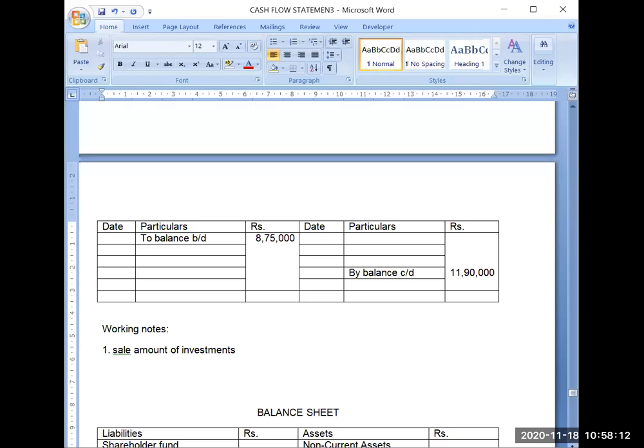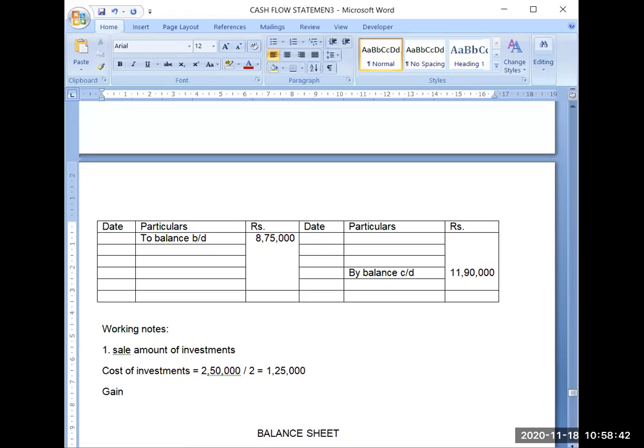So gain, or you can write cost of investments is equal to 2,50,000 divided by 2, is equal to 1,25,000.